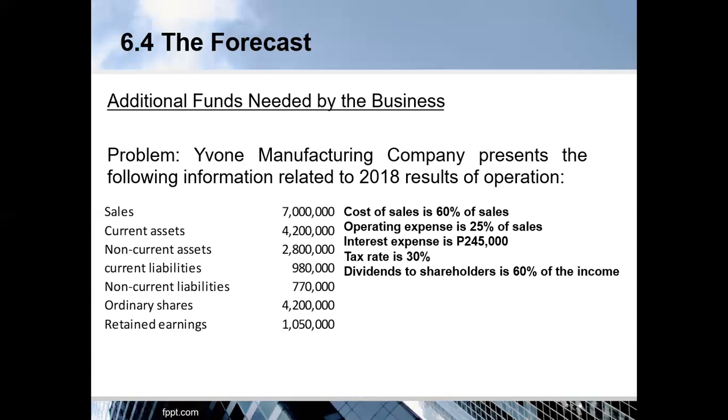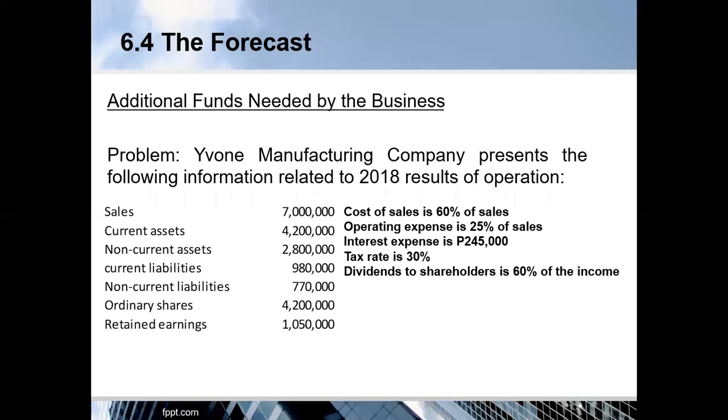Yung operating expense naman daw is 25% daw ng sales. Okay, so what is the 25% of sales? Parang 1/4. So around 1,750,000 yung operating expense natin. Interest expense daw is 245,000.